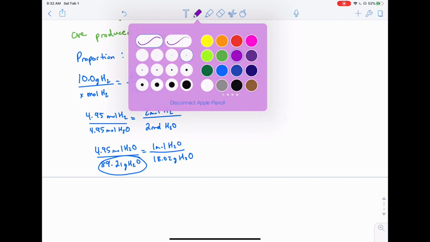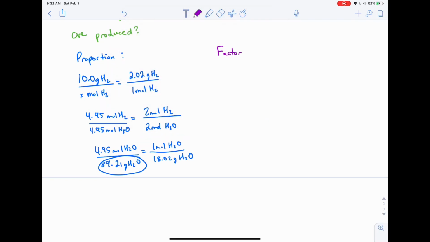If you're doing factor label, you will write this all in one line across. So you will start with 10.0 grams of H2, and you want to convert grams of H2 to moles. So you want grams on the bottom and 1 mole of H2 on the top, 2.02. Now, once you have moles of H2, you can convert 2 moles of H2 to 2 moles of H2O.